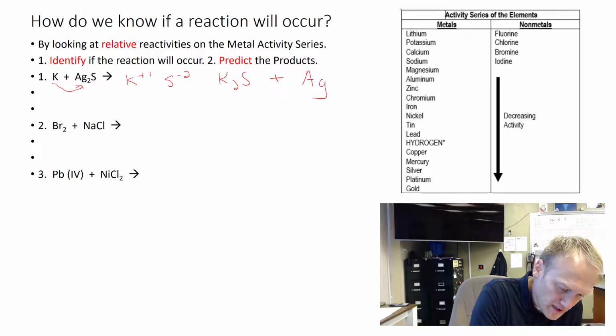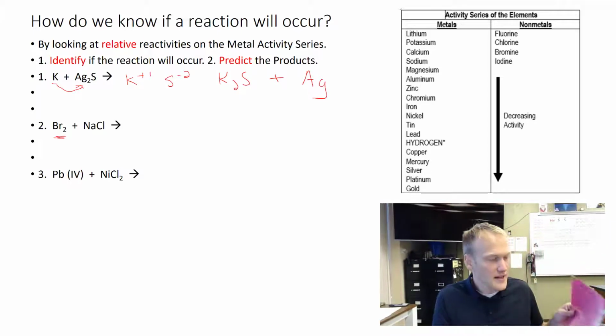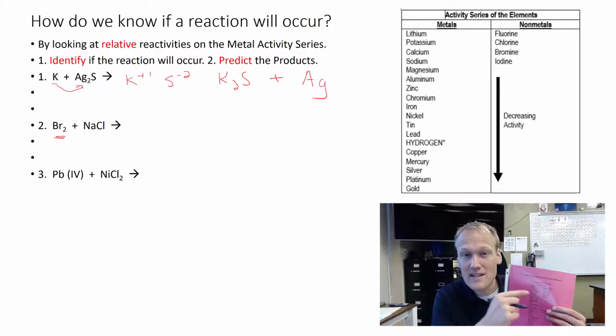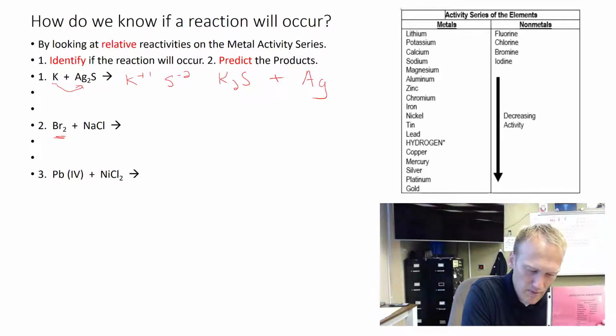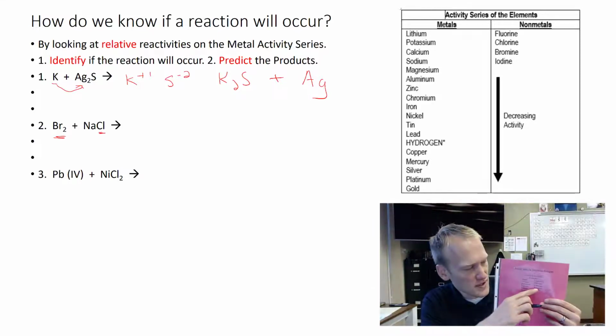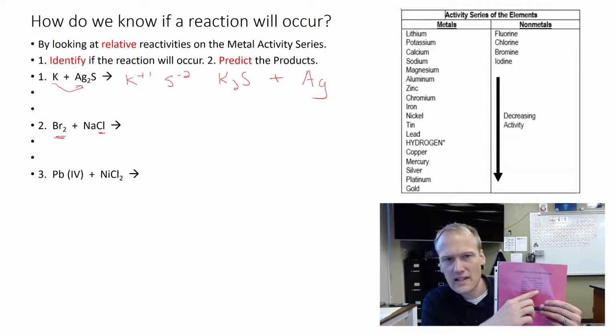We have bromine. Bromine is on the nonmetal side, so that means it's going to replace another nonmetal. It's not going to replace sodium, it's going to replace chlorine. And the question is, is bromine more likely to be in a compound than chlorine?